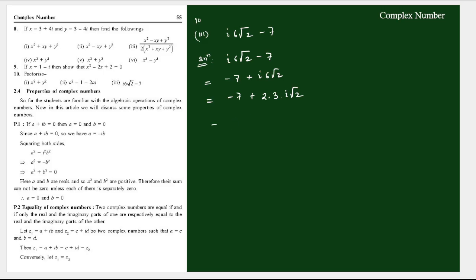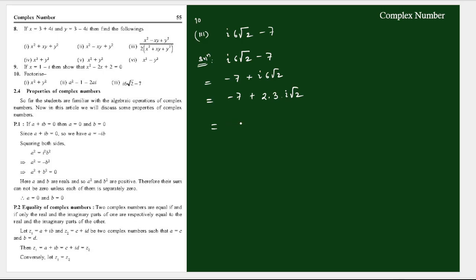अभी क्या है? If we take 3i, then we will get -9, and then this चलिए भी देखते हैं.